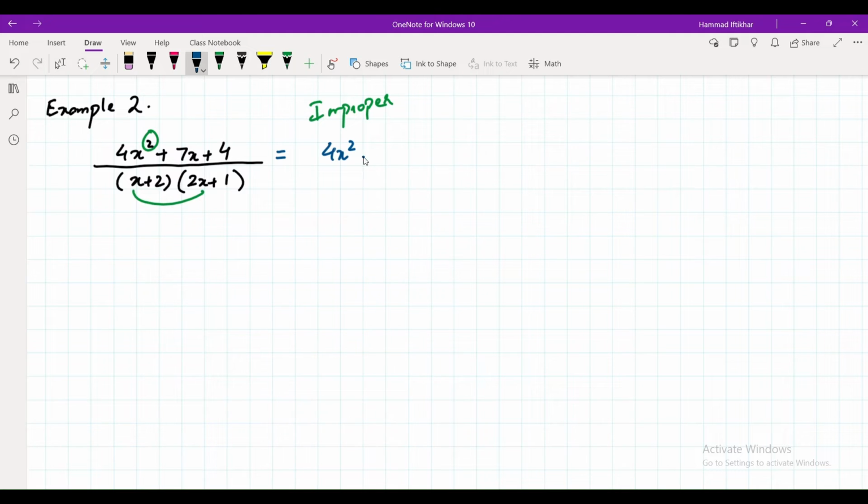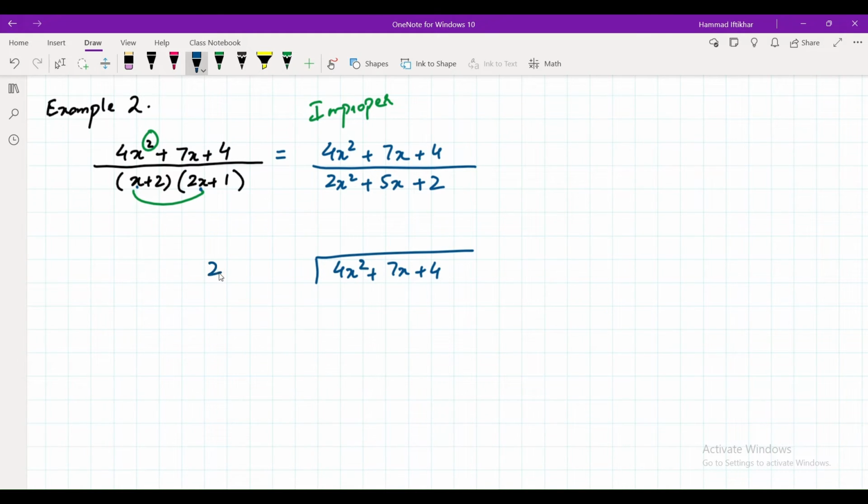So 4x squared plus 7x plus 4. The denominator multiplies out as 2x times 2x, 2x squared, plus x plus 4x, 5x, and then plus 2. Right, okay, now we do the long division. 4x squared plus 7x plus 4 divided by 2x squared plus 5x plus 2. To make it into 4x squared, we just need to multiply by 2.